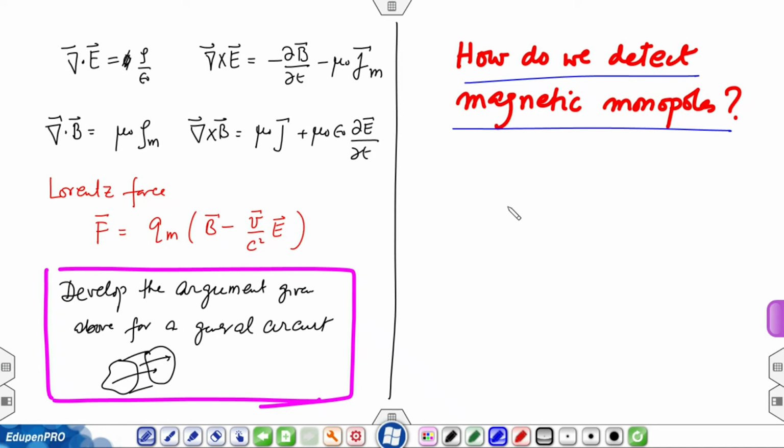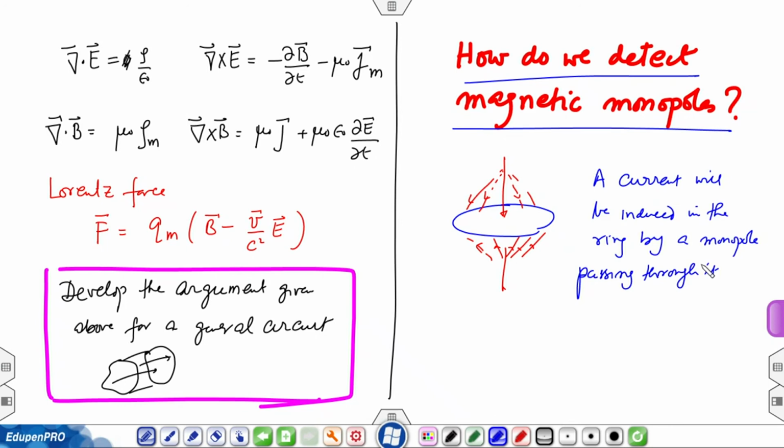So, if I take a ring and let a magnetic monopole pass through this, the flux that is there will change, and when it passes the ring and goes to the other side, the flux changes by a huge amount, and this will induce a current in this.